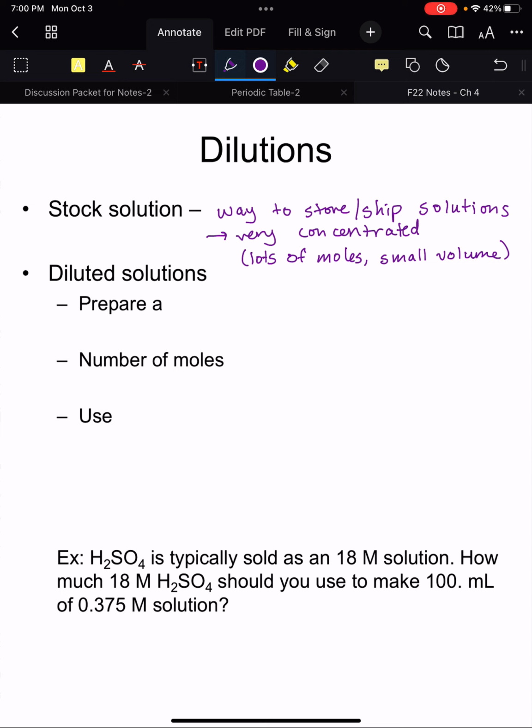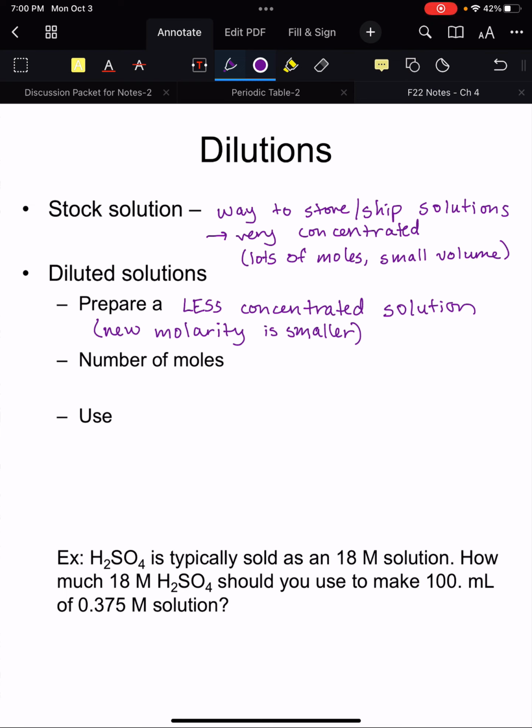So when we're talking about dilutions, essentially what we're doing is we're going to prepare a less concentrated solution. So when we're solving for the molarity, what that says is that our new molarity is smaller. It's going to be a lesser value.